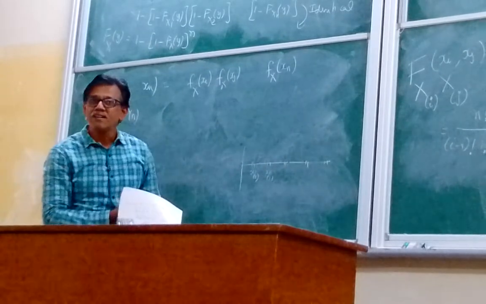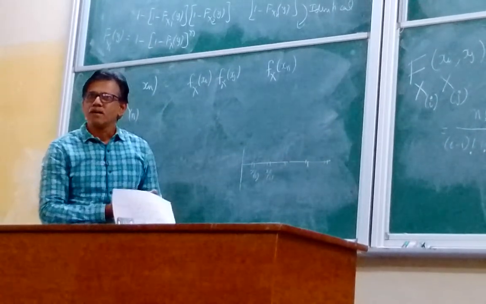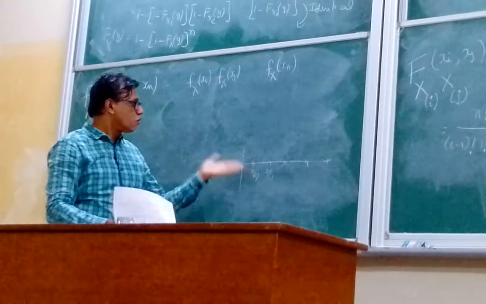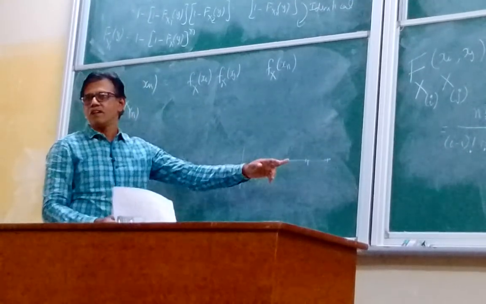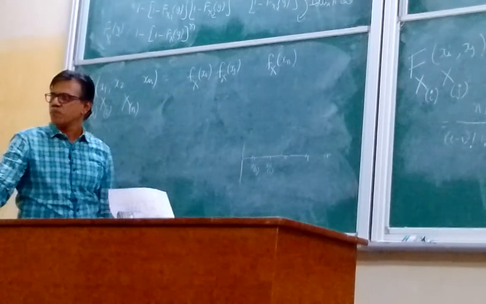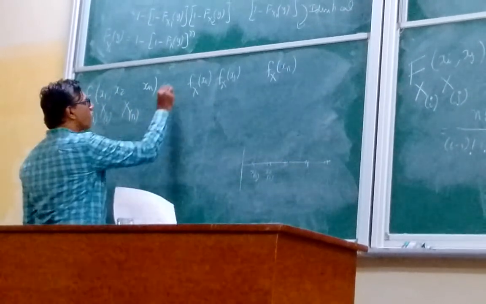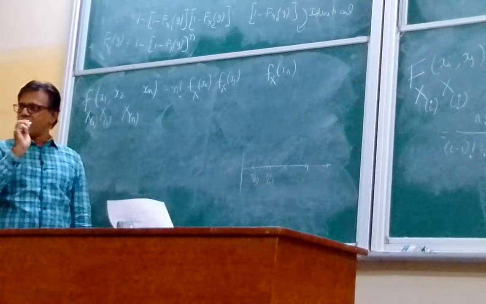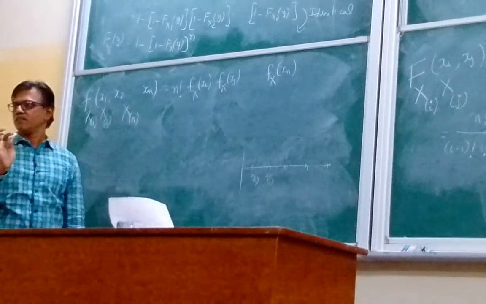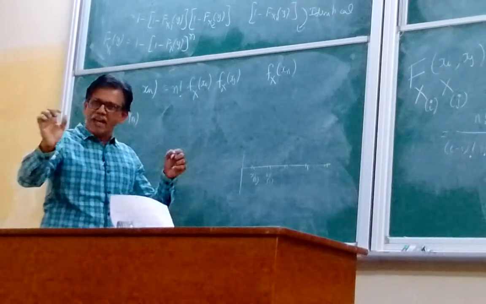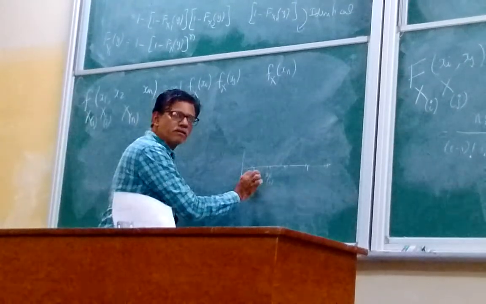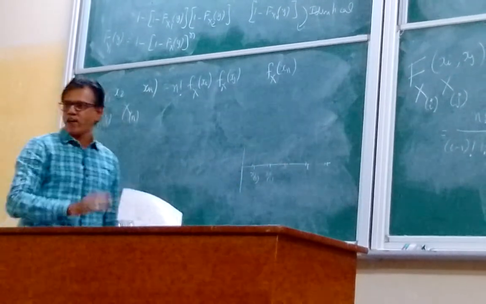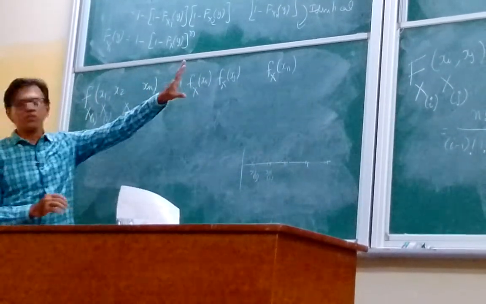X2 can be the first, so you have different ways of choosing what falls here and what falls here. How many ways of choosing that? n factorial. It is without replacement. Out of n, I can decide one of them to go here. After that, I have only n minus 1 choices to go here, and so on. So it is n factorial times this.